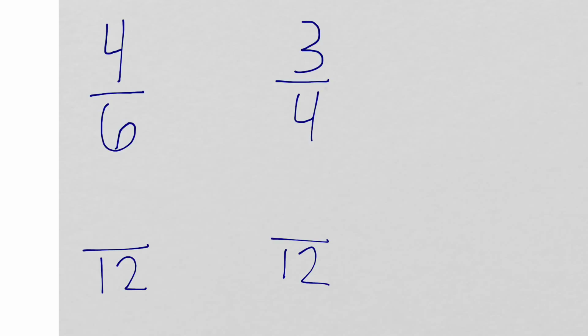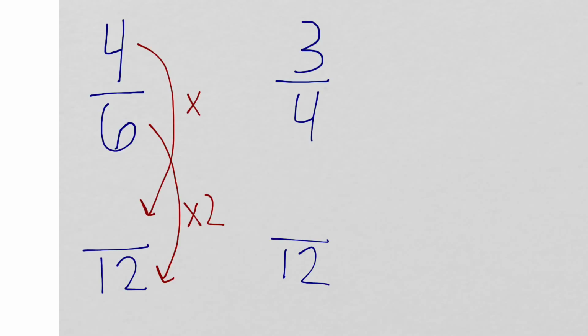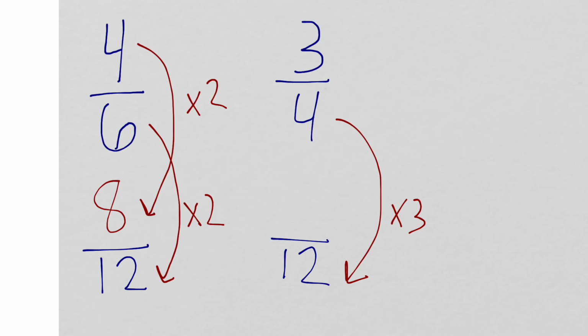Well, 6 times 2 gets us 12. So 4 being multiplied by 2 gives us our new numerator, which is 8. Over here, 4 times 3 gets us 12. So we got to multiply 3 times 3, which gets us 9.